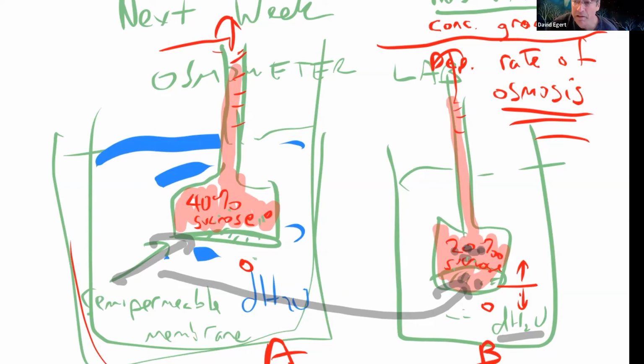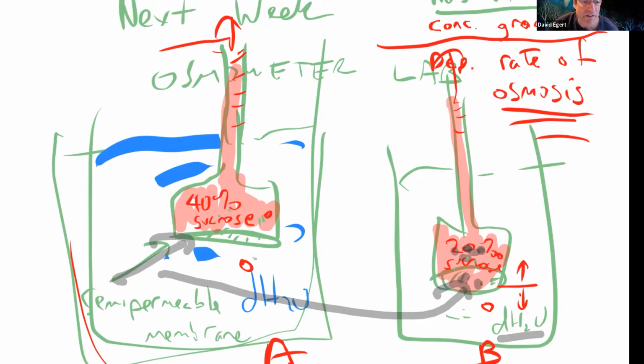Yeah, it's got a steeper concentration gradient. We're going to talk about a variety of other things, but the concentration gradient is a huge thing that affects the rate. So it's pretty simple. The objective is to see how the concentration gradient is affecting the rate of osmosis.